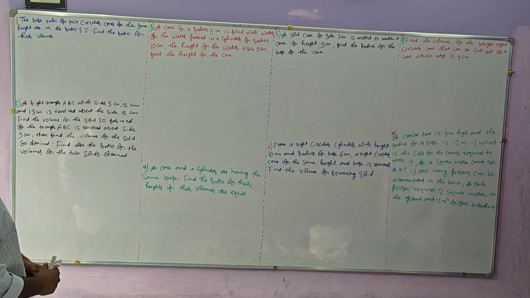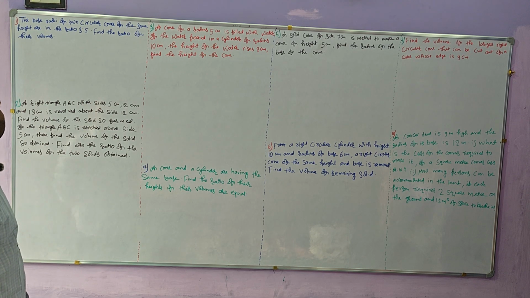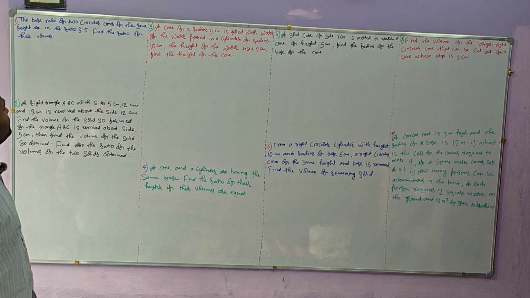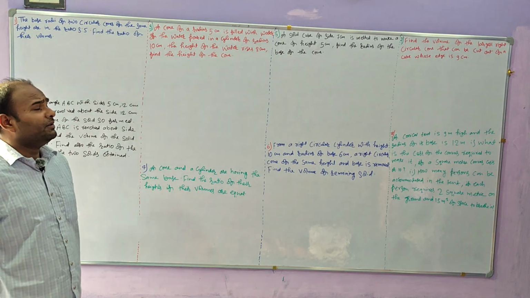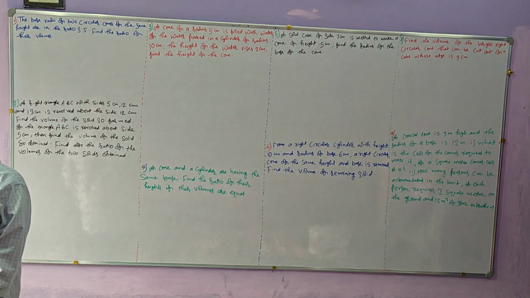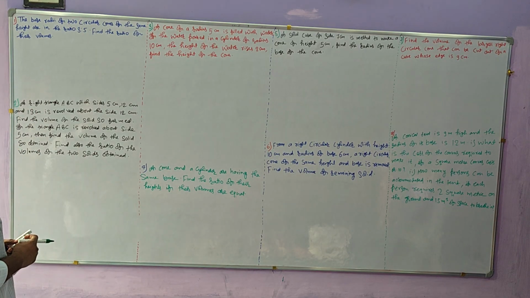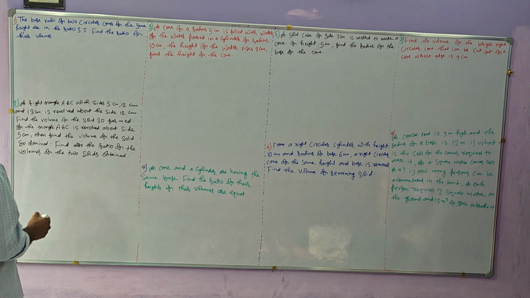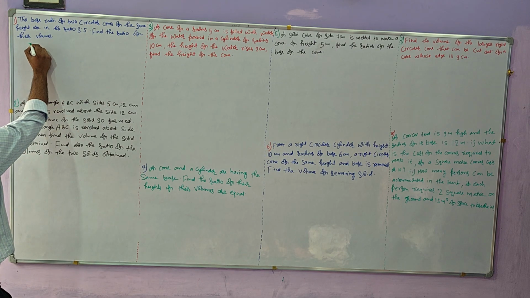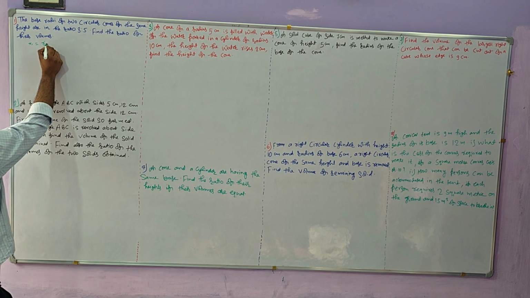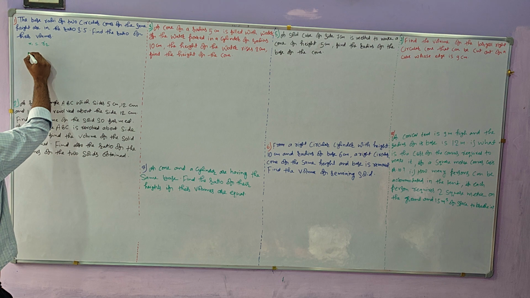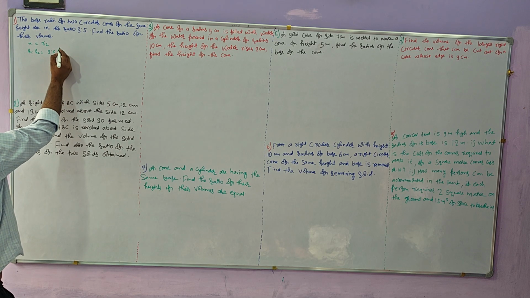The base radii of two circular cones of the same height are in the ratio 3:5. Find the ratio of their volumes. So R1 is equal to R2 and the ratio of H1 to H2 is 3:5.